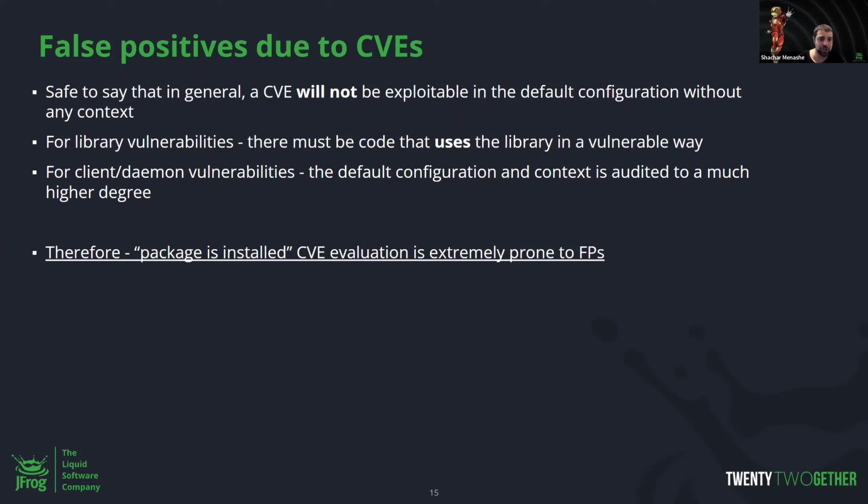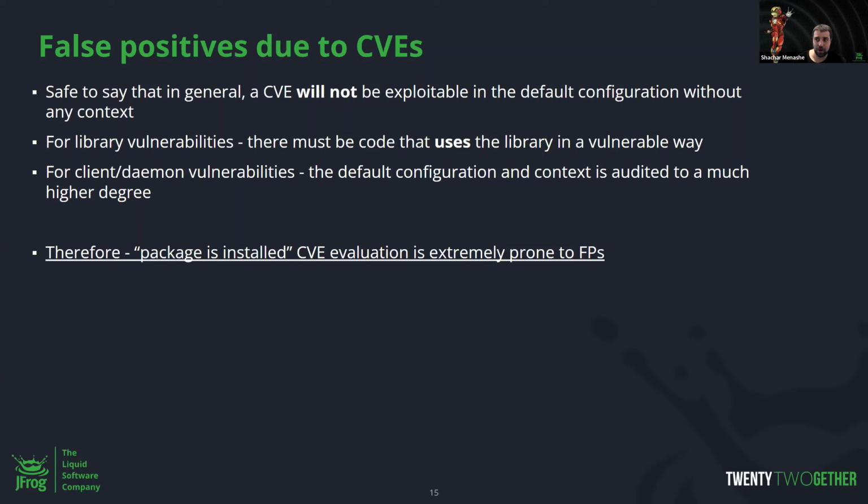This is the way that we chose to split it, and I think that actually all the CVEs fall into one of these categories. So for us, it works very well when researching, and also when writing automated code in our system to categorize for all of these. But for a CVE from 2022, I think it's pretty safe to say that in general, it will not be exploitable in the default configuration without any context.